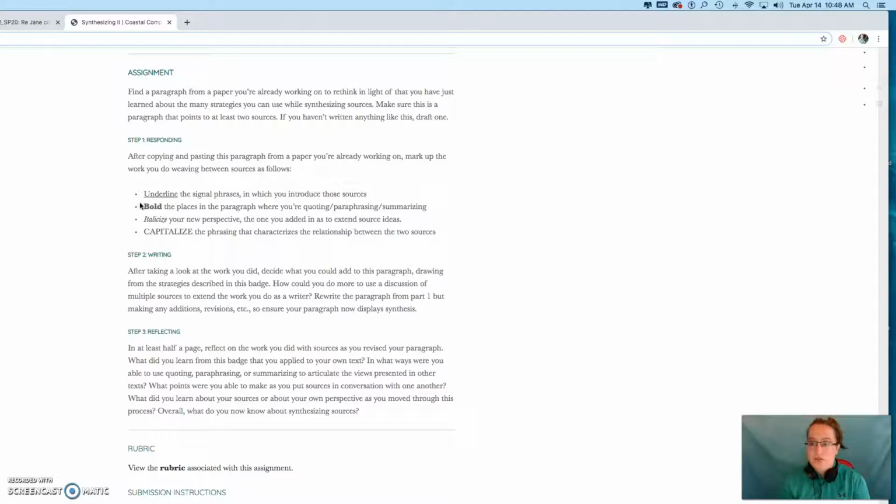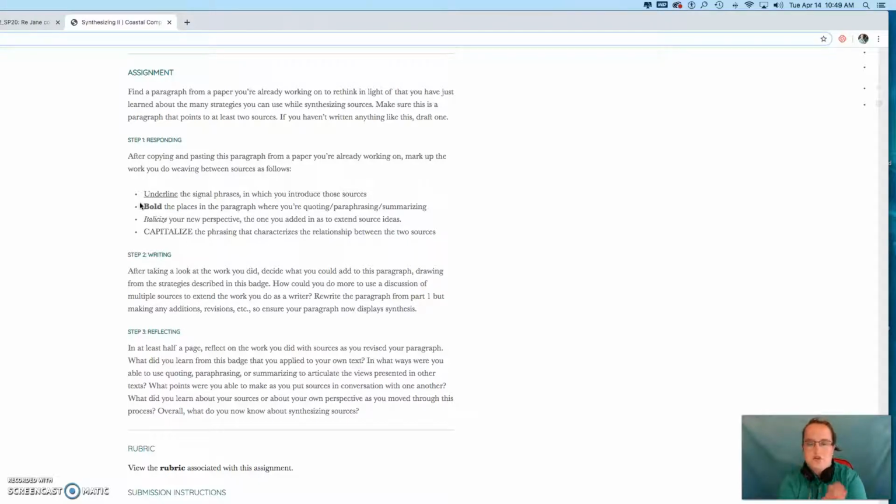So this should be a pretty simple step: just bold the text that you've quoted, paraphrased, or summarized. Then you want to italicize the new perspective you have to extend the source ideas or to connect it to another source.